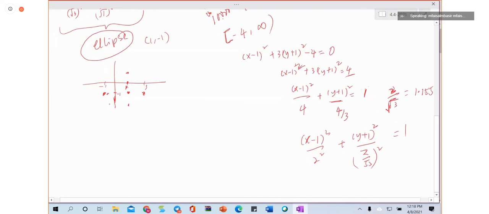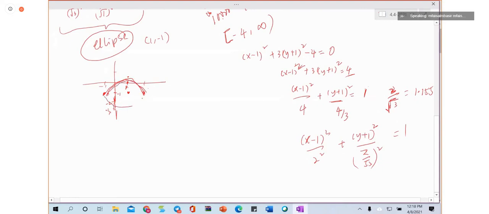So maybe this is negative 2, negative 3. A little bit down, and 1.15 will be just here is 1 distance, and 0.15 will be here. So sorry, my drawing should get some ellipse.